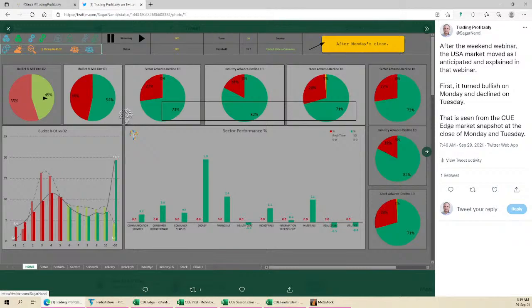And if you look at the percentage of stocks above mid Bollinger Band in S&P 1500, they went up by 9%, a significant up move, not small, not extraordinary, but significant. And this is exactly what I anticipated and explained because of the weekly bullish candles at the end of the week, that I expect the market to go up at least on the first few days. Now, when Monday closed, it closed bullishly.